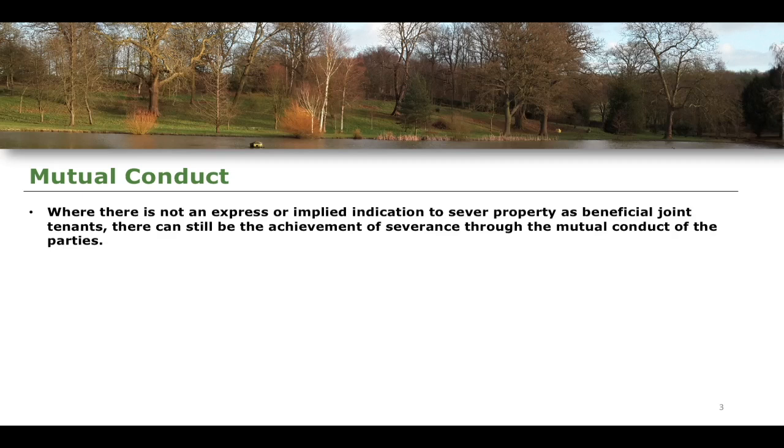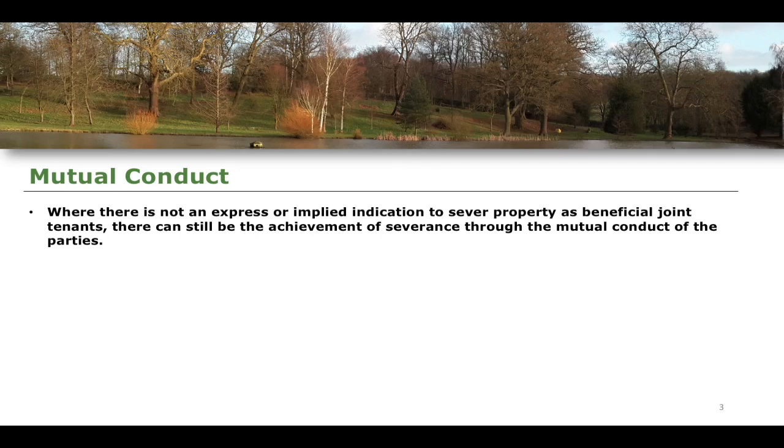So mutual conduct is very similar to mutual agreement in the sense that it has to be done mutually, simply put. It's an agreement that is made between the joint tenants. But it's where there is not an express or an implied indication to sever the property, like with mutual agreement.